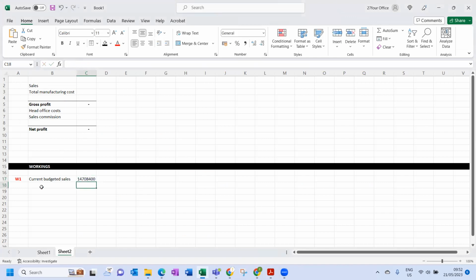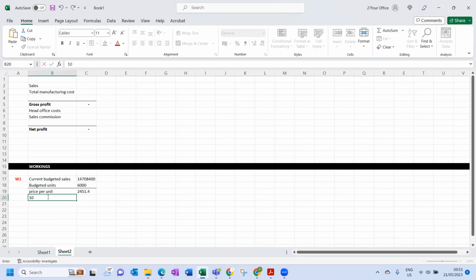It is 14 million. Budgeted units is 6,000. So therefore price per unit is going to be 14 million divided by 6,000. So that's the current selling price.